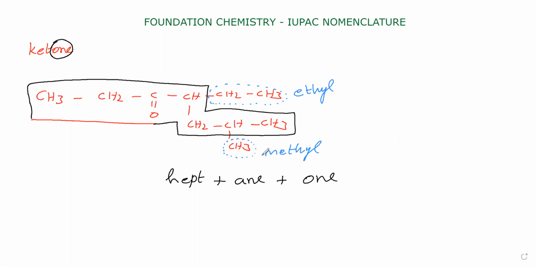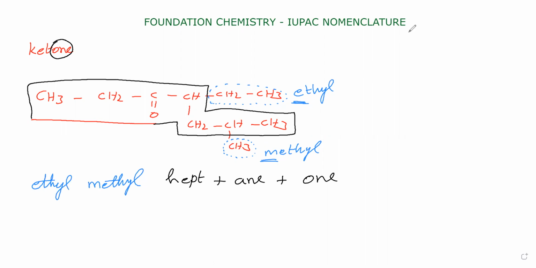Now we will write these branch names as prefix. Out of methyl and ethyl, which do we write first? Follow alphabetical order. Take the first letter E here and the first letter M here. As per alphabetical order, first we will write ethyl, next we will write methyl.